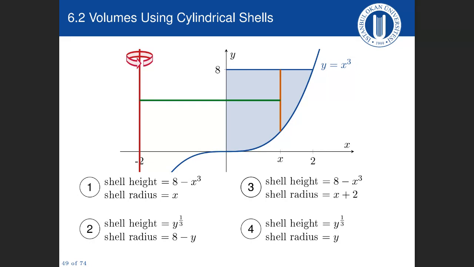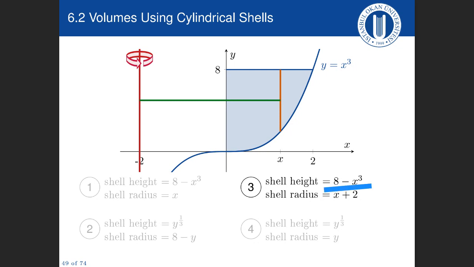This time the correct answer is number 3. This is the same region as in the previous question. The shell height is the same, still 8 minus x cubed. But what's different here is the shell radius, because I have x on the right-hand side and -2 on the left-hand side. So the length of this green line is going to be x minus -2, or x plus 2.